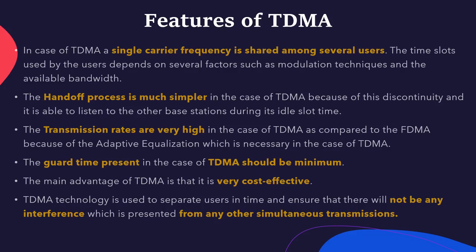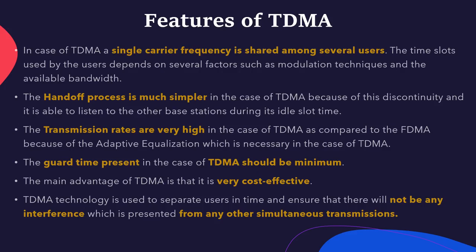The transmission rate could be much higher in TDMA compared to FDMA, because in FDMA the entire bandwidth is allocated evenly among users. Each and every user will get a narrow band not exceeding 30 kilohertz.